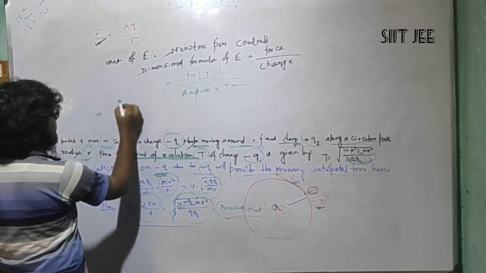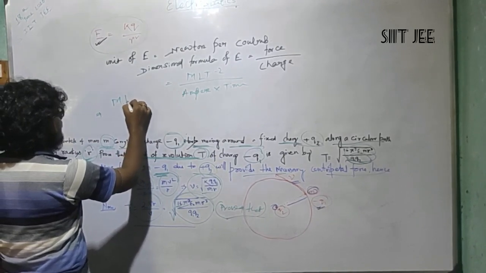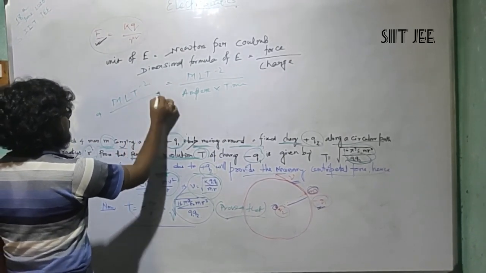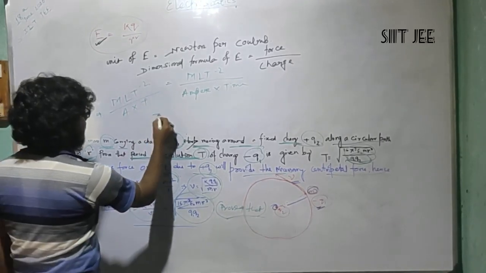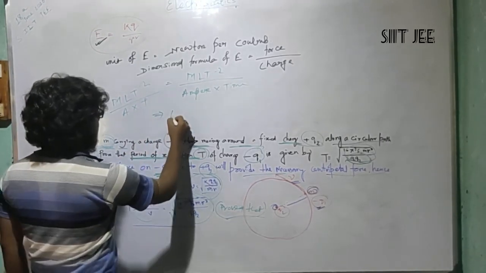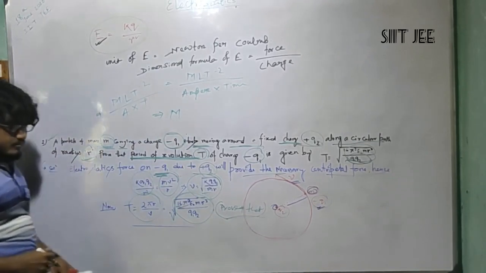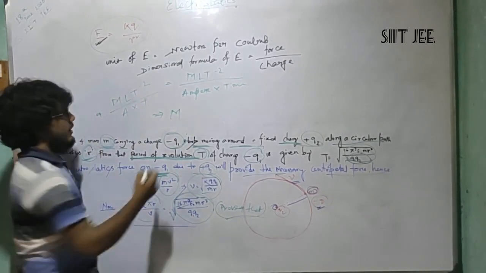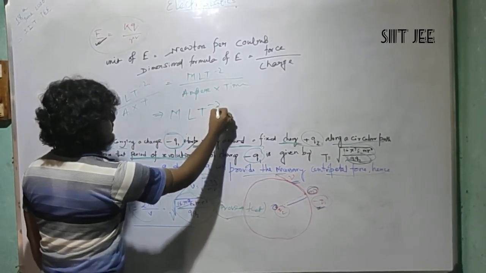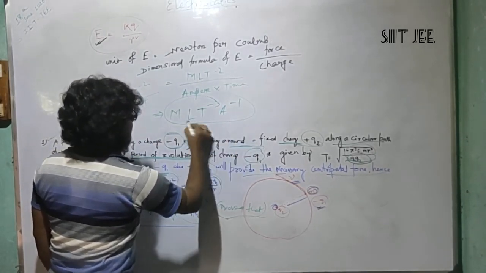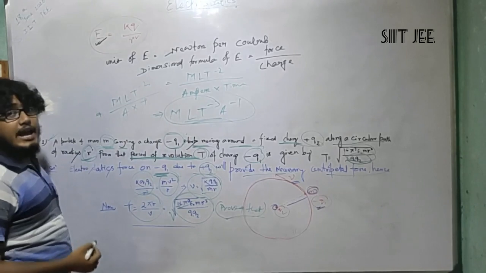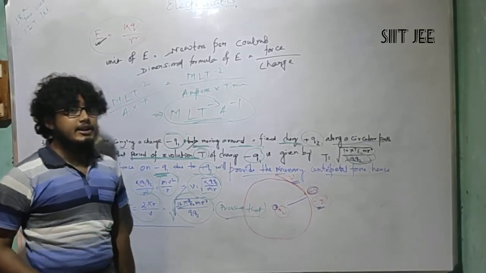That means M L T to the power minus 2 divided by A into T, that means M L T to the power minus 3 A to the power minus 1. That's the dimensional formula of electric field intensity E.